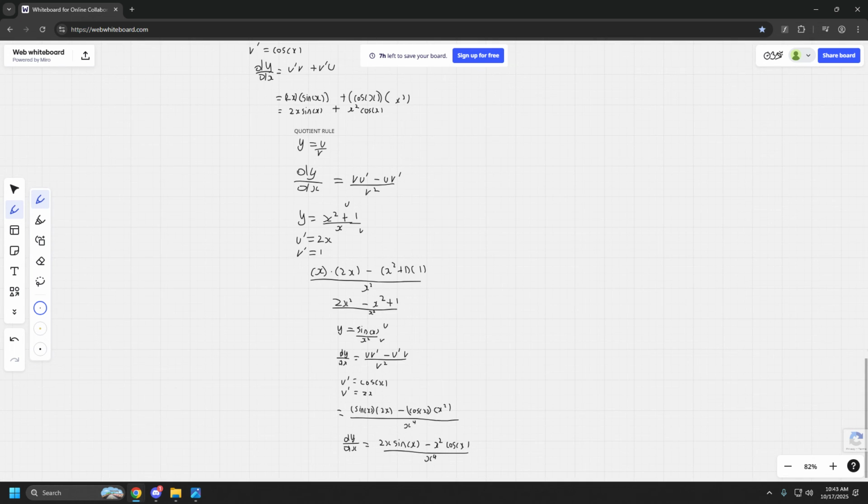Alright, so remember the pattern: bottom times derivative of top minus top times derivative of bottom, all over bottom squared. That's the quotient rule.